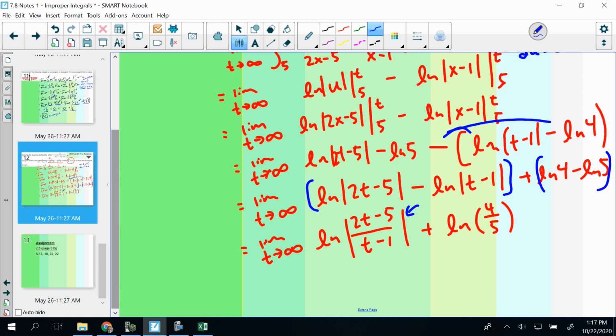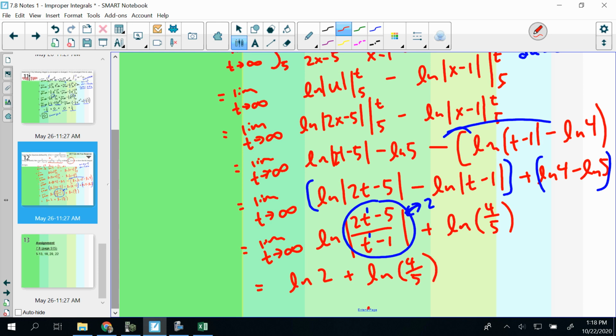Well, the inside part we should know there, as you go to infinity, both of these are power 1 here, so this would go to the coefficients. So this whole thing here should approach 2 over 1, or 2. So this would now turn into natural log of 2 plus natural log of 4/5.